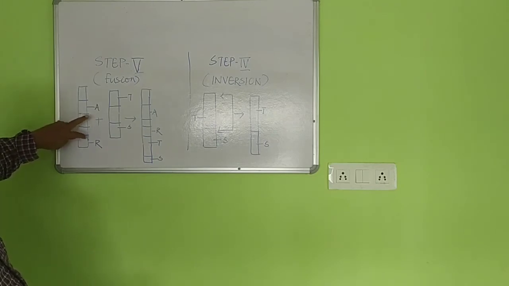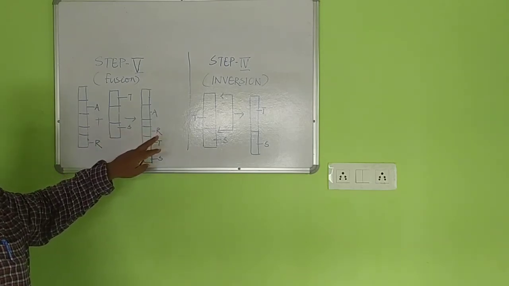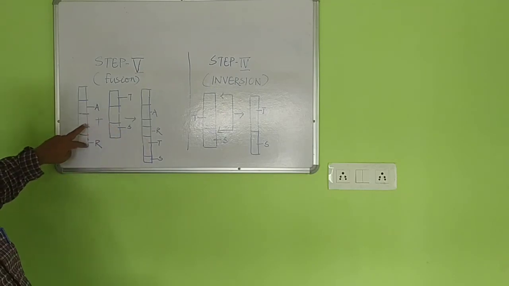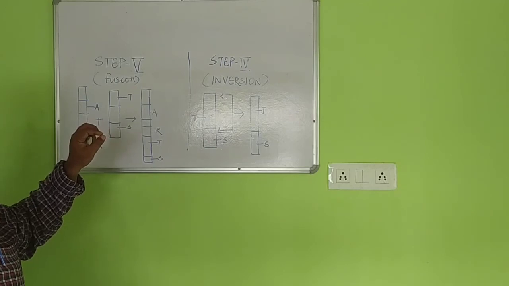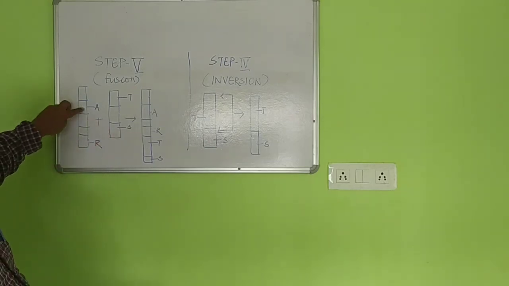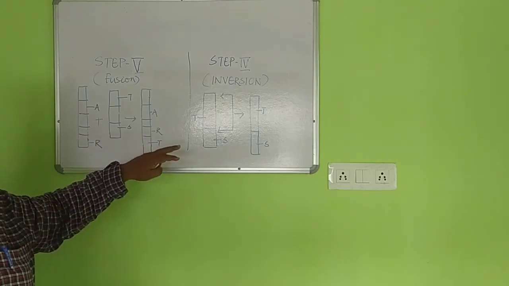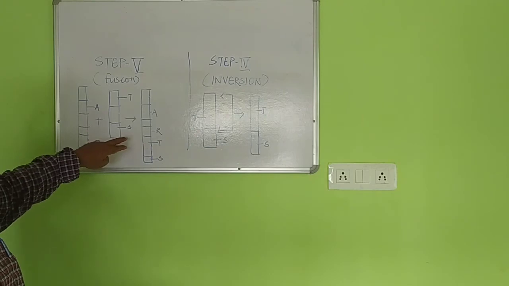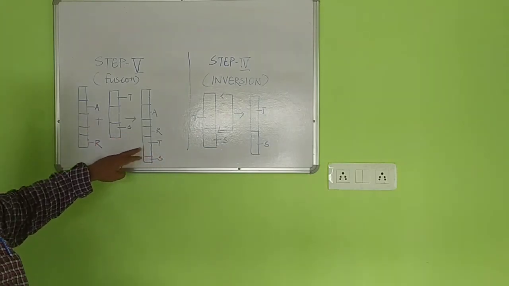Then after taking these two, A and R, you see the A and the R, and you find the T just after it.